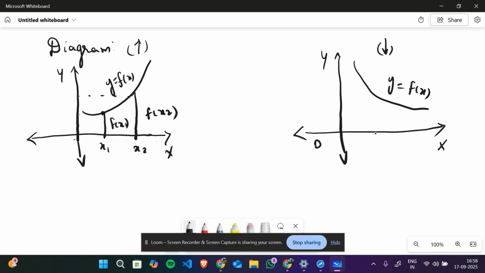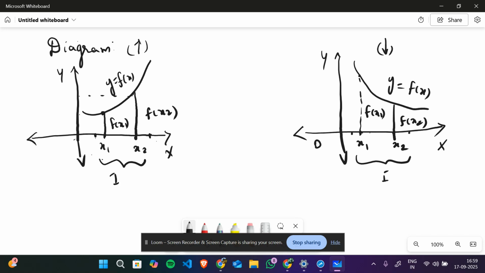Similarly, for the decreasing function also, let us consider 2 points x1 and x2, and this will be your f of x1 and this length will be your f of x2. Now let's come to the main meaning or definition of increasing and decreasing function. So if you consider the interval I, it will be from here to here. Similarly, the interval I will be from here to here. This is an interval I.